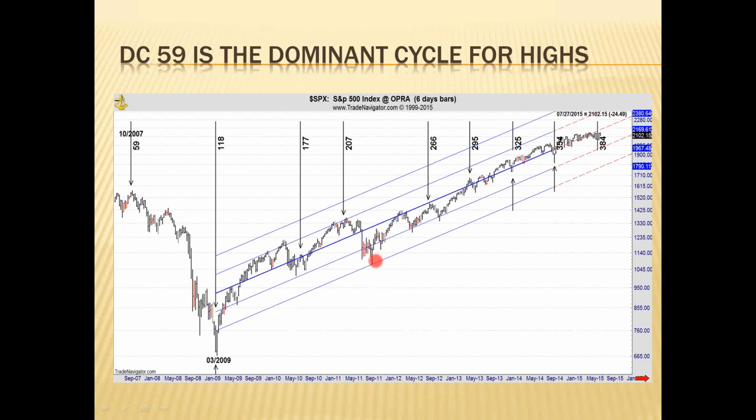And the only decent correction we've had here, way back in September 2011, that correction went exactly to the 2 standard deviation line. And since 2011, we have not had a correction better than 1 standard deviation. And indeed, since pretty much the end of 2012, we have not had a correction even to 1 standard deviation.